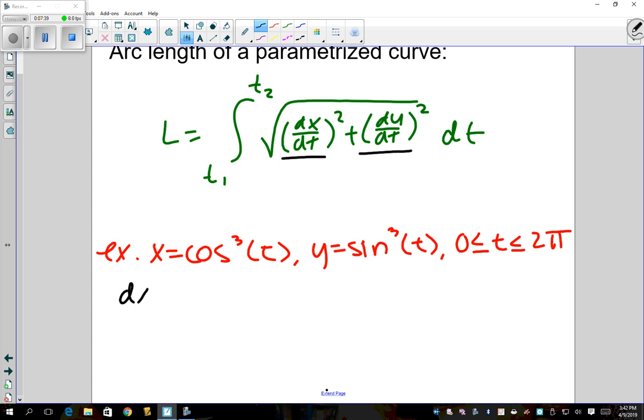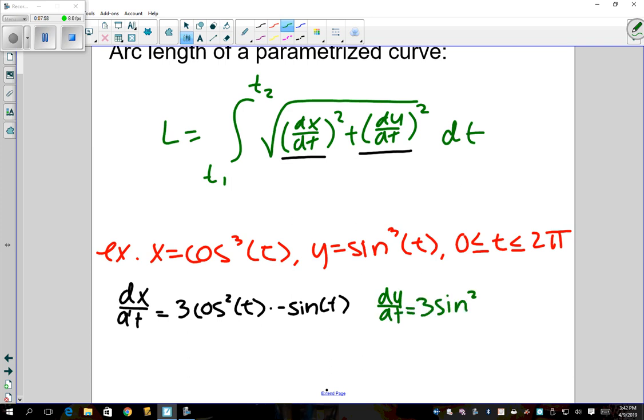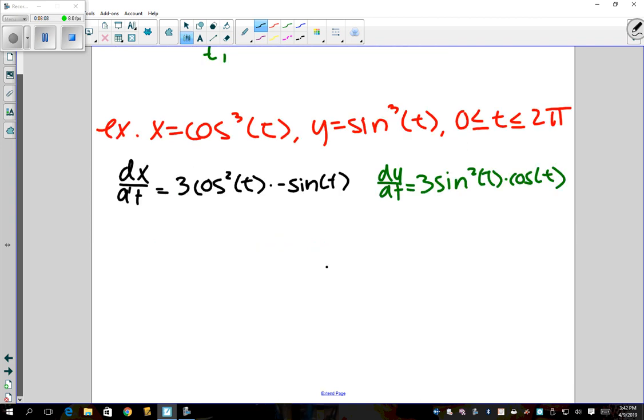And so for dx dt, we need to use the chain rule. So we take 3 cosine squared t times the derivative of cosine, and then dy dt, same idea, 3 sine squared t times cosine of t. All right, and so these are our two derivatives, and then we can plug them into our handy dandy formula.